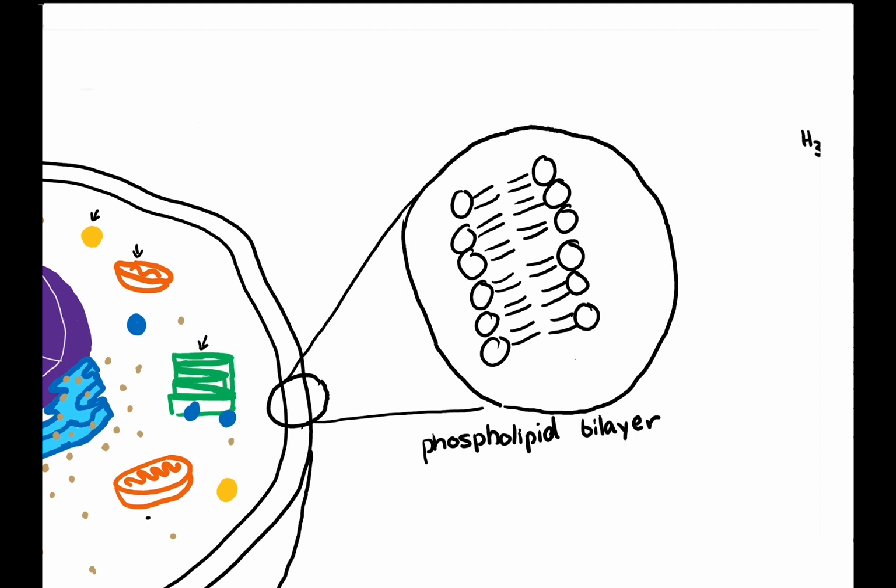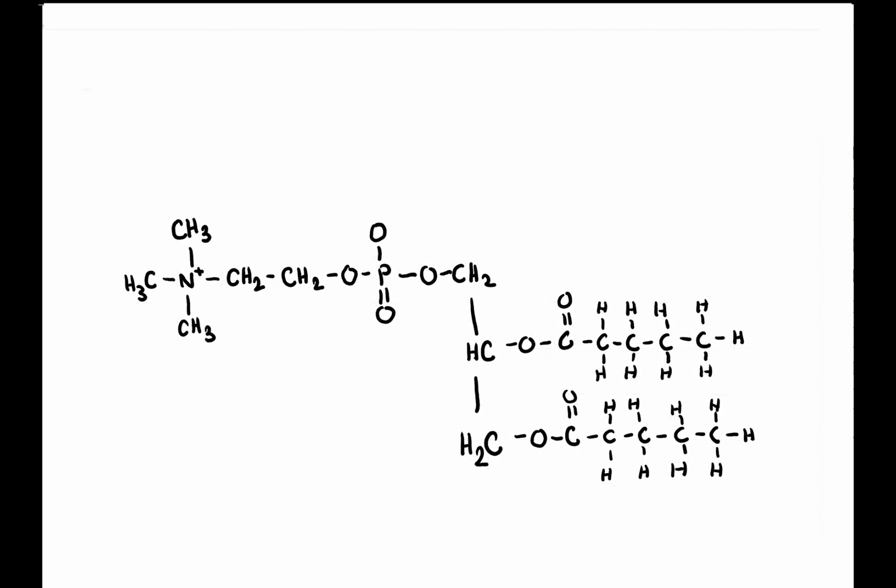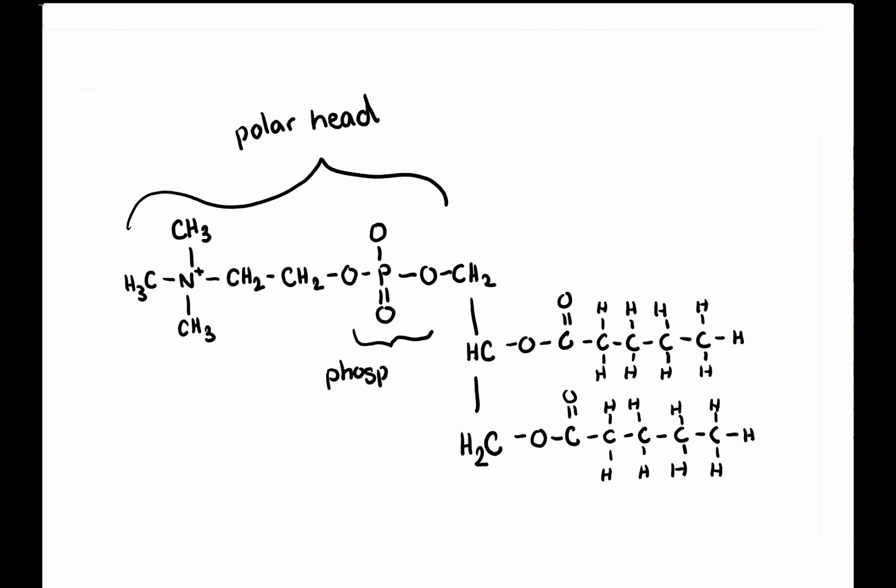And when we look at the specific structure of our phospholipid bilayer, which I've drawn out here, you have your polar head, which includes a phosphate group. And you can remember it's a phosphate group because you have this phosphorus atom.